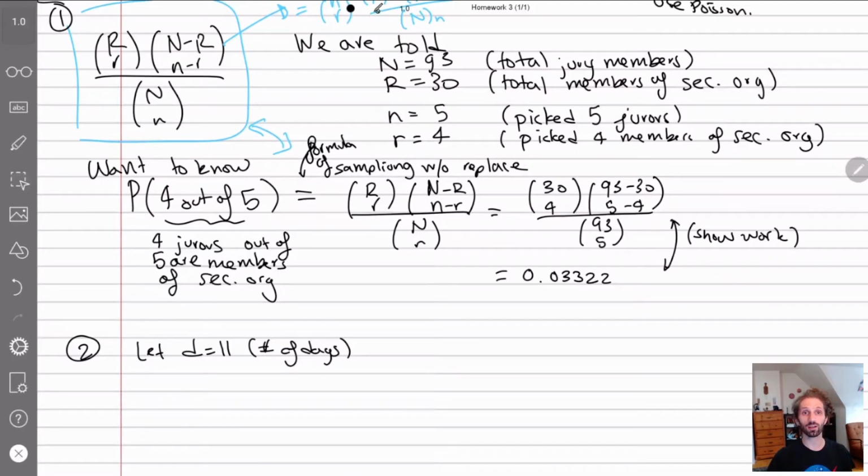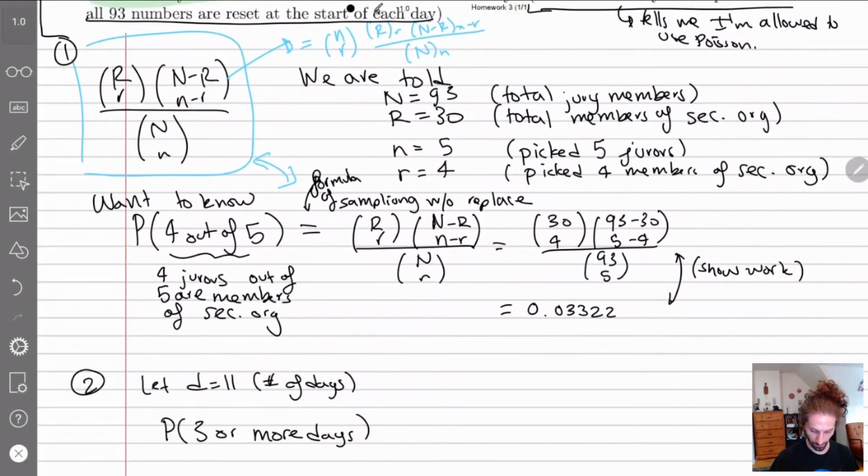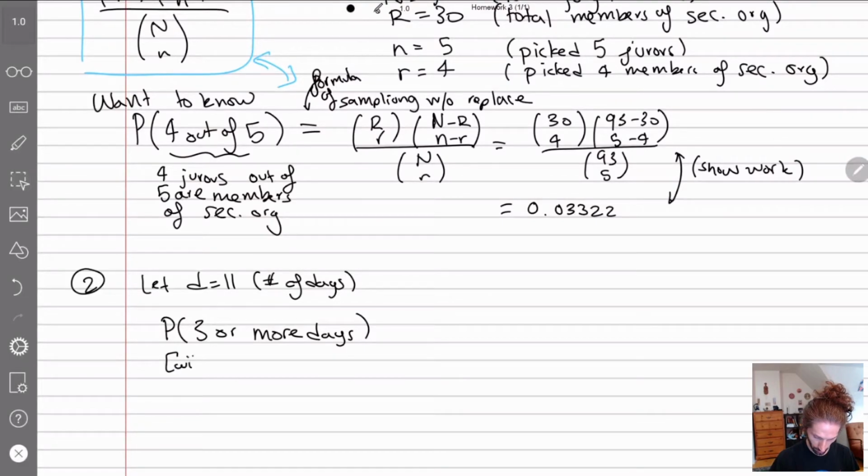What we want to calculate is the probability that 3 or more days will be days with 4 out of 5 being members, etc. You need to tell me what this event is, right?